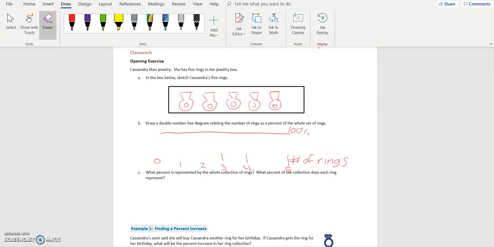I undid everything, so let me try that again. This is going to be 100. That's 5, 4, 3, 2, 1. Still not perfect, but that's okay.